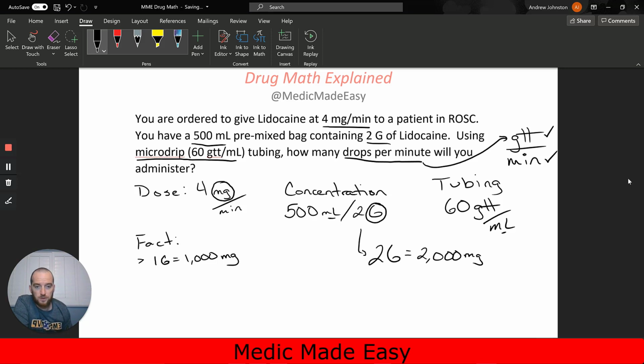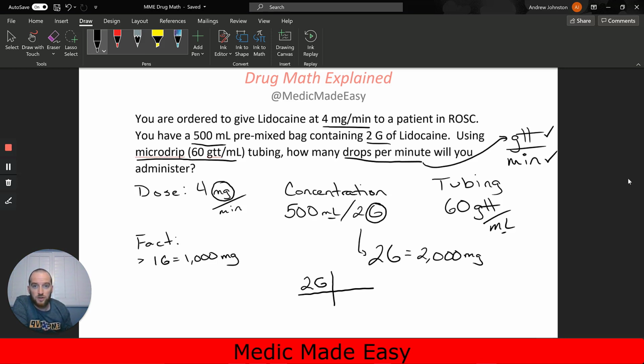But if it didn't, and we wanted to convert grams to milligrams, the way we could set it up would be 2 grams, in little boxes. That's the amount we're trying to convert. The conversion factor is 1 gram to 1,000 milligrams.